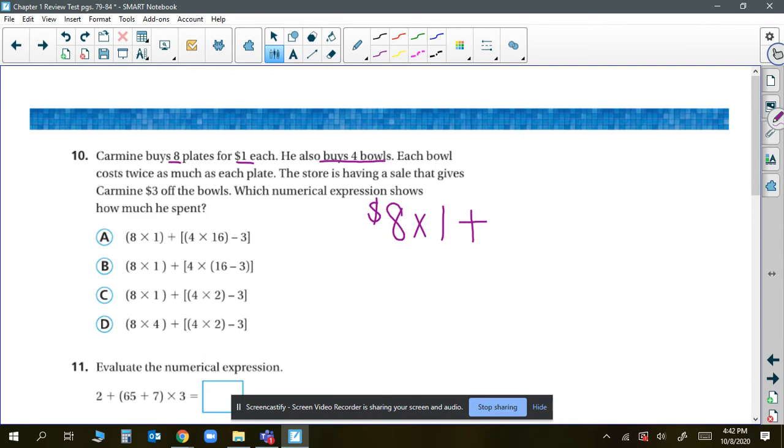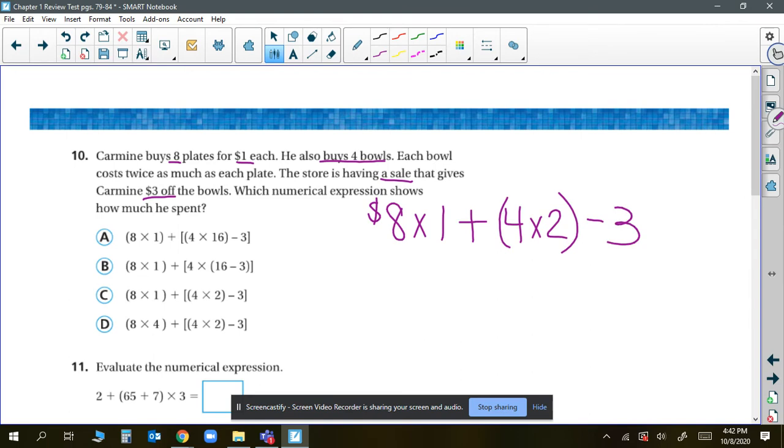Each bowl costs twice as much as each plate. So it's going to end up being 4 times 2, right? But then it says that there's a sale and there's $3 off. So we're going to end up subtracting 3.